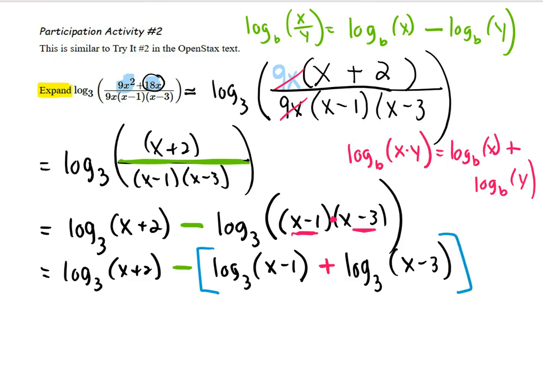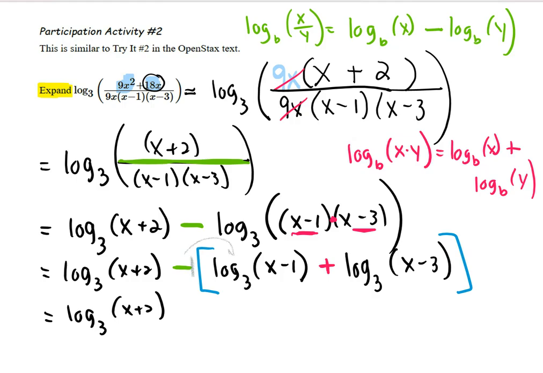But see, all of that is behind that minus sign. So I now have to distribute the minus sign. And so this becomes log base 3 of an x plus 2. And you have to think of it as a minus invisible 1 here.